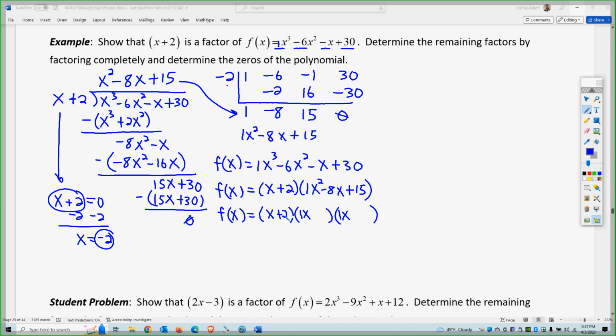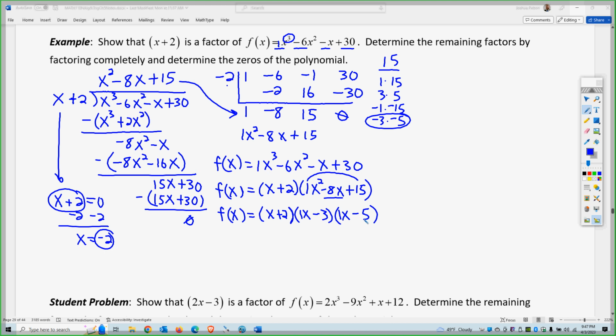This is actually working out because this is a third powered polynomial, so there should be 3 answers, 3 zeros, 3 factors. So 1 times 15 is 15, which is 1 times 15, 3 times 5, negative 1 times negative 15, negative 3 times negative 5, because 2 negatives also make a positive. Well, we want negative 8, so clearly negative 3 and negative 5 are the correct ones.